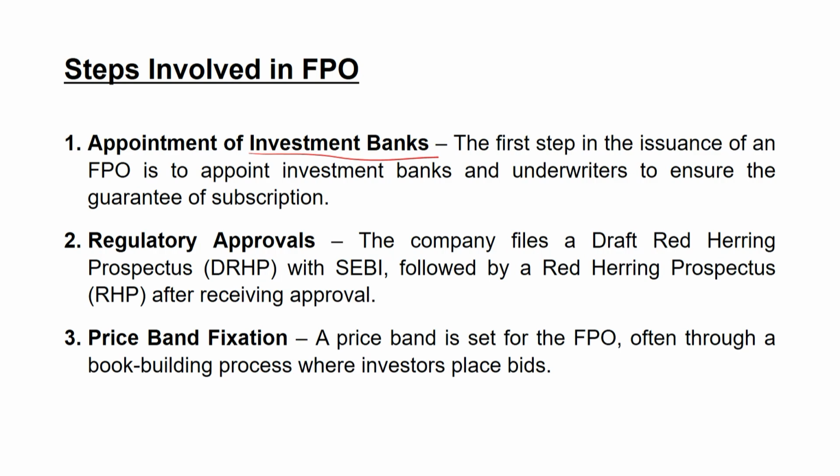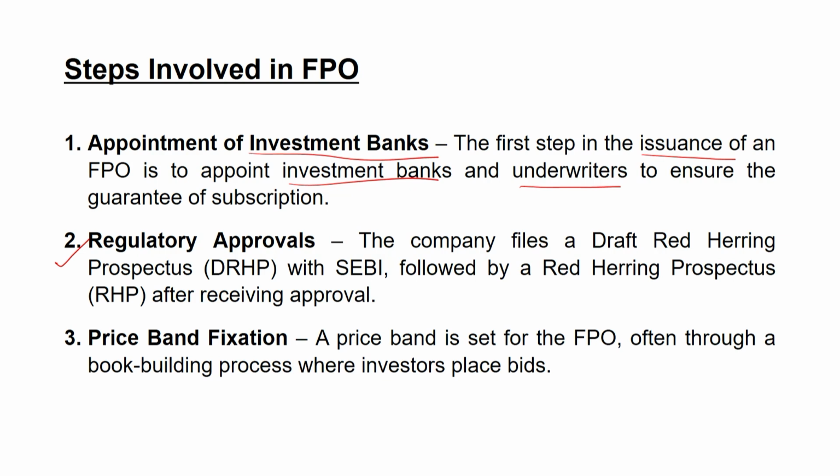Here also, for the issuance of an FPO, the company needs to appoint an investment bank or underwriter to guarantee the subscription of the shares in the market so as to attract more and more prospective investors. After that, they need to take regulatory approval.